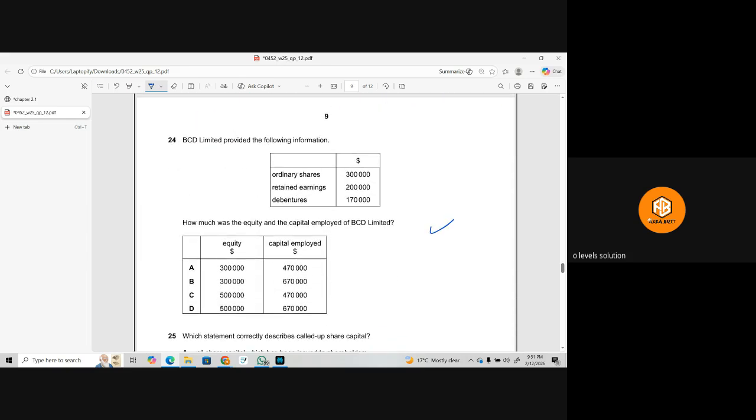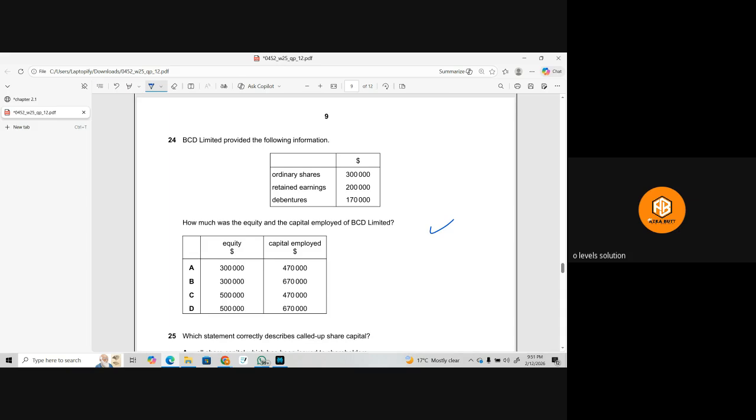Now the next question is that BDC Limited provides the following information. We have the ordinary shares, retained earnings, and we have the debentures. How much was the equity and capital employed for BDC Limited?